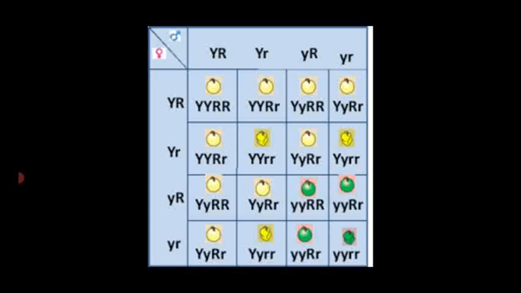Another one, wrinkled green, is only 1. Green round is the other intermediate stage.